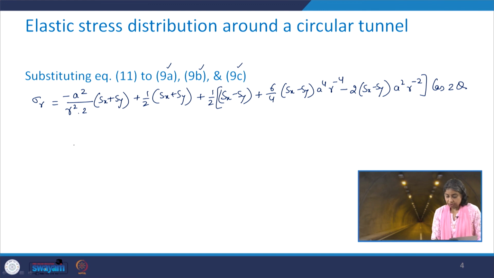Or what we are going to get is, take common half sx plus sy.